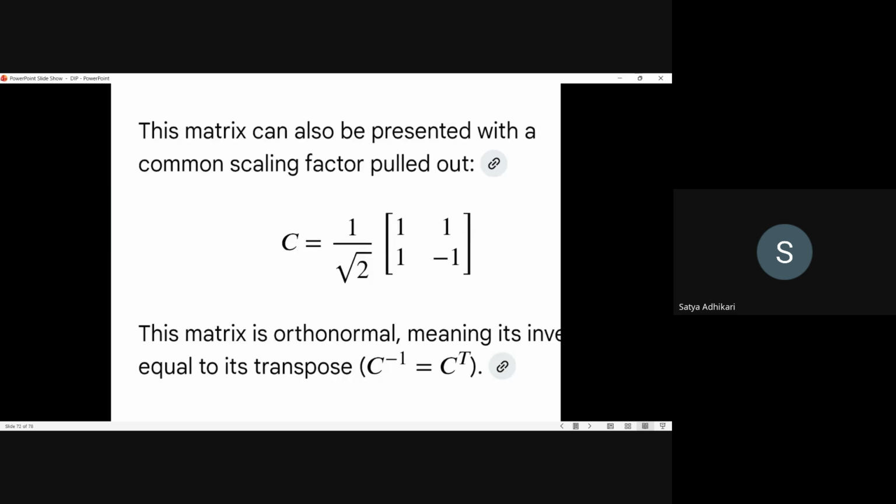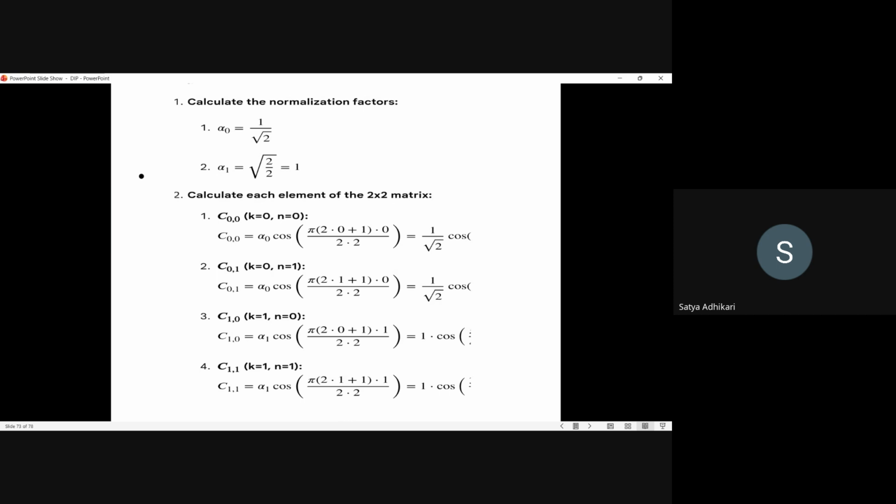Okay, so cos 0 is 1. So you see there is a 1 value. Similarly, we go for C01, where k is equal to 0, n equal to 1. So alpha 0, alpha k, cos of pi into 2 into 1.